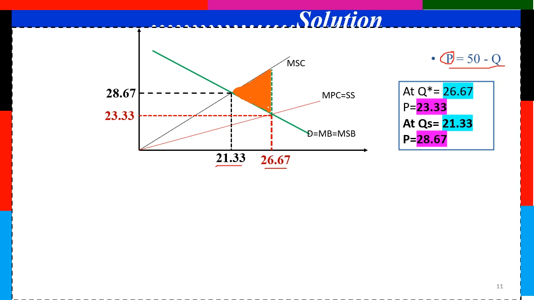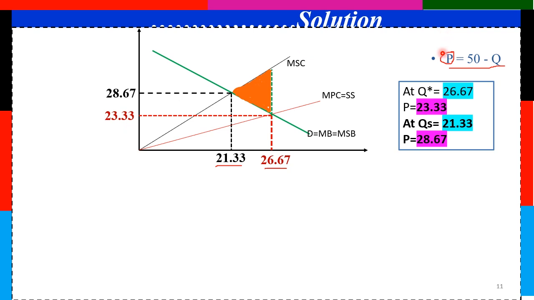For example, at market equilibrium output, when you substitute the value of market equilibrium quantity, that is 26.67, in place of Q, and subtract 15, then you can get P. P is 23.33. 23.33 means this one.